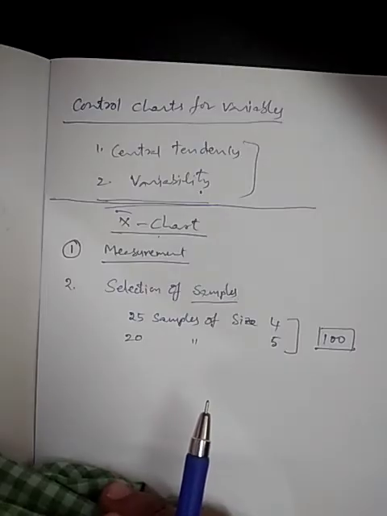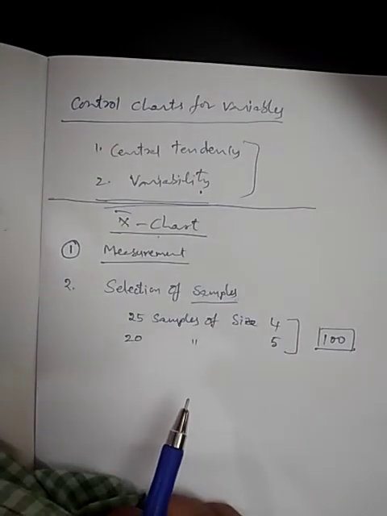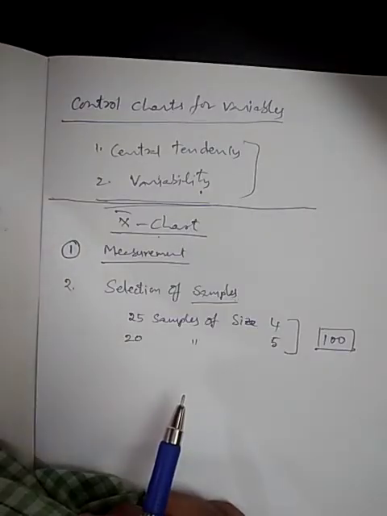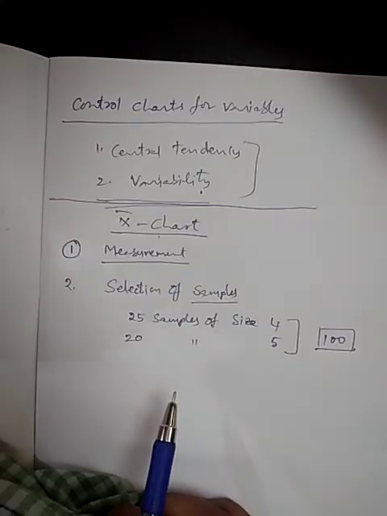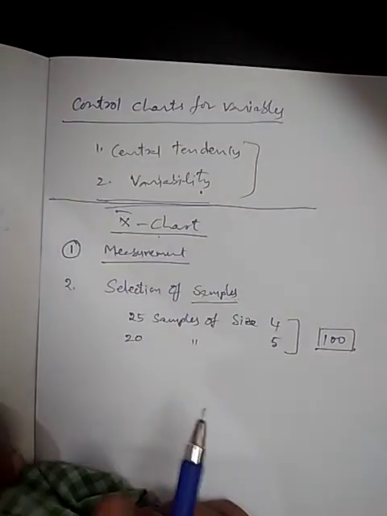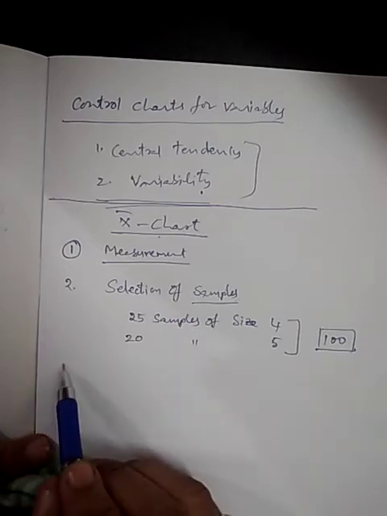For calculation purposes, it is very easy, and samples also should be as minimum as possible. That is the reason why we consider 20 or 25. That is the second part, selection of samples. It must be rational.